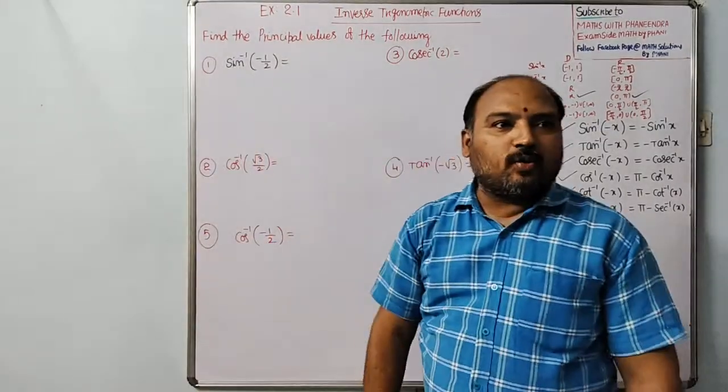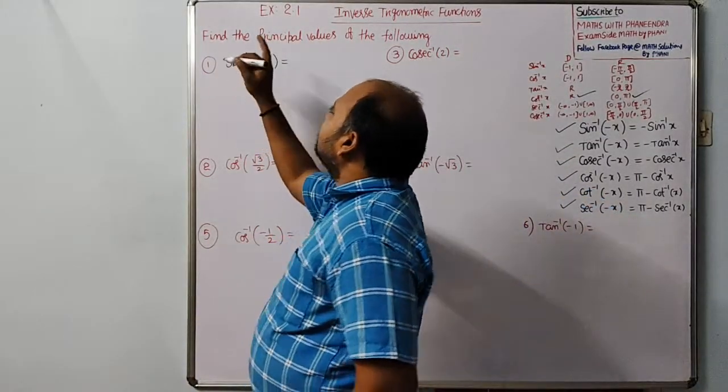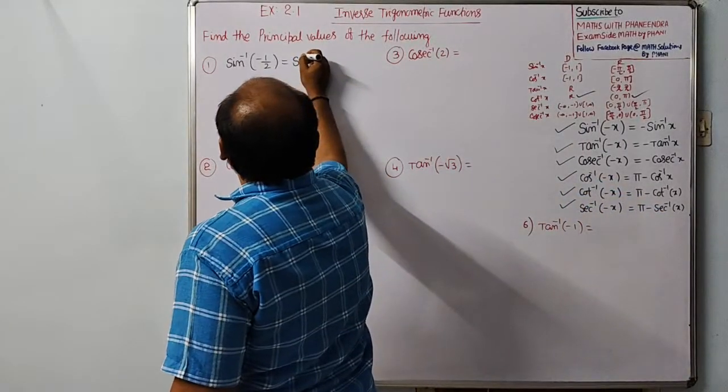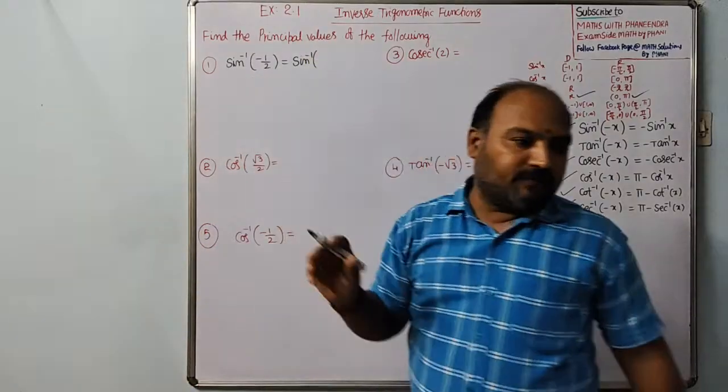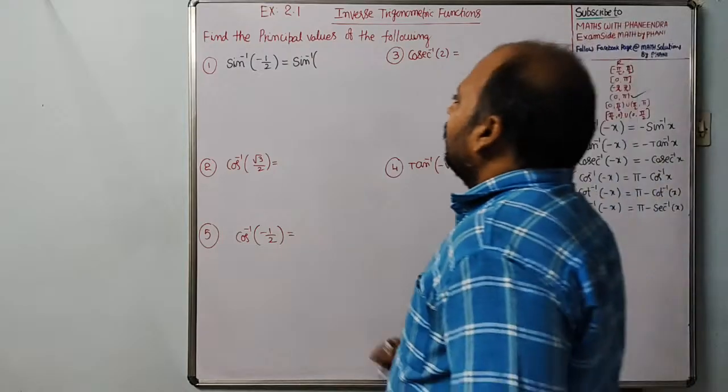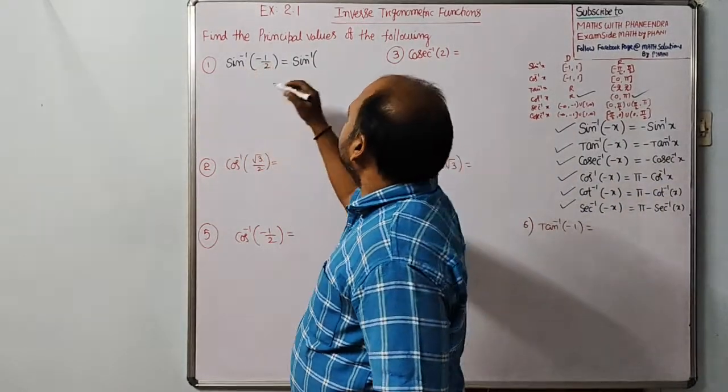So first what we have to do is sine inverse of minus theta. Sine inverse of minus 1 by 2.